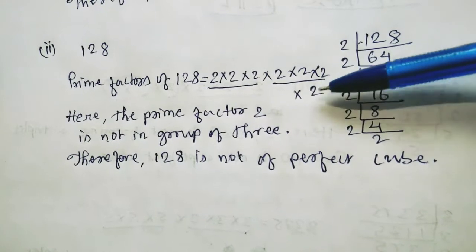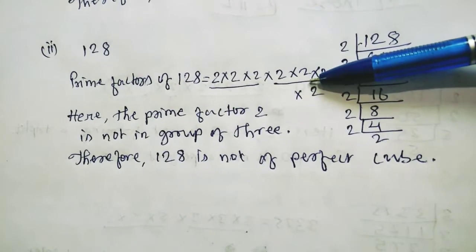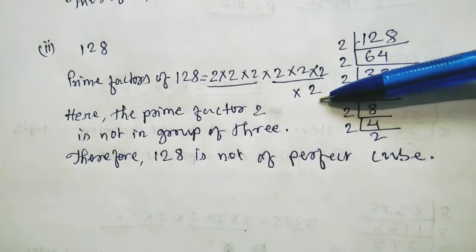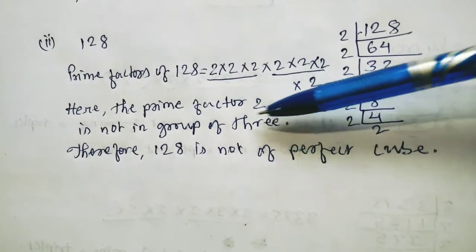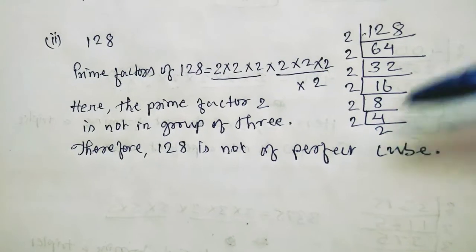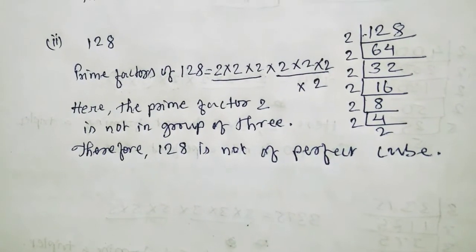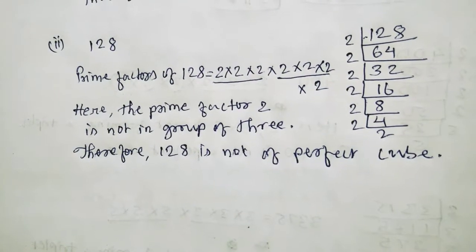These 2's are in a group of 3. But this last 2 is not having any group of 3. So it is alone, it is only one time. So here the prime factor 2 is not in a group of 3. Therefore we can say that 128 is not a perfect cube. So in this way you have to do this problem.